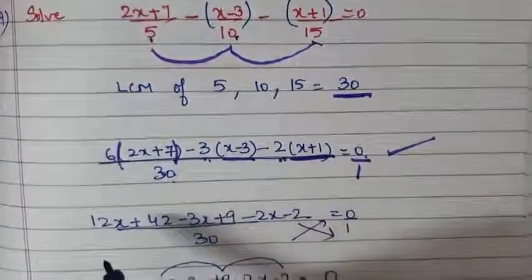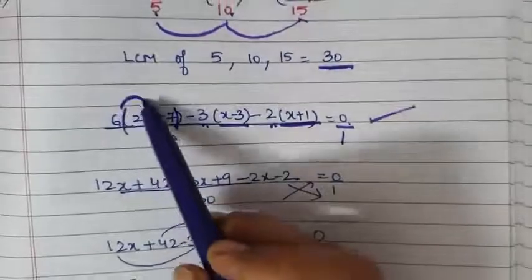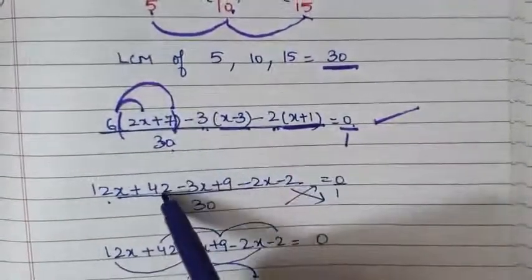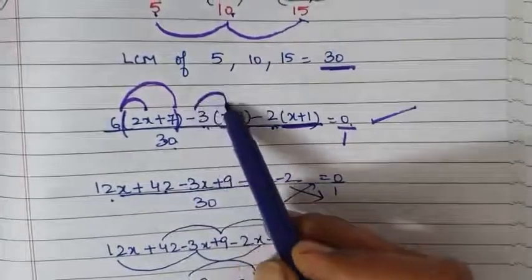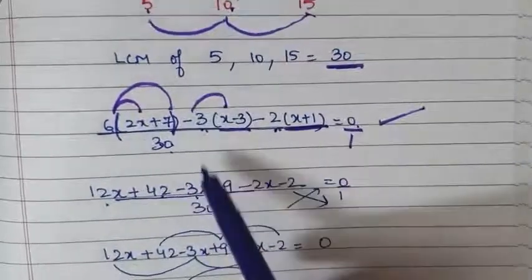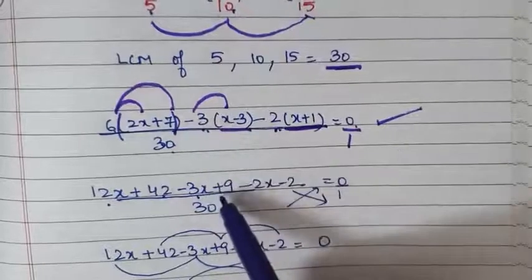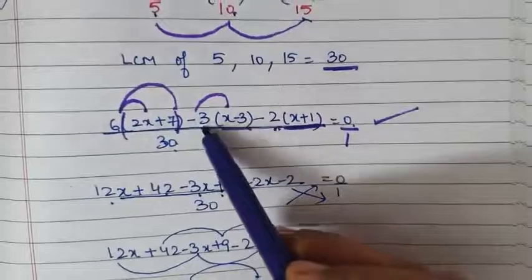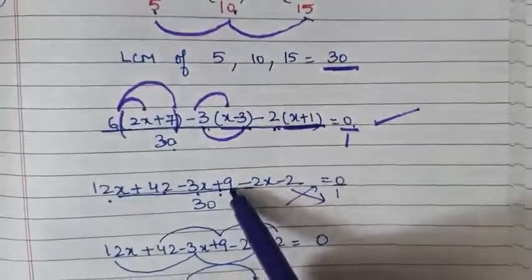So now on simplification, 6 into 2x, 12x, 6 into 7, 42. Minus 3 into x, minus 3x. Minus sign changed, minus into plus, 3 into 3, plus 9.